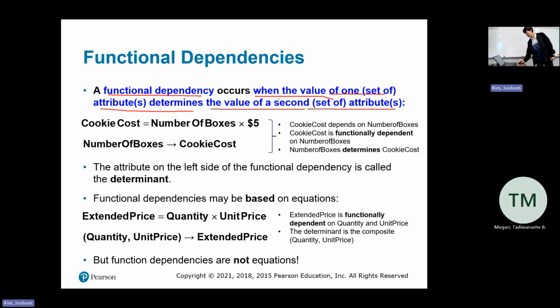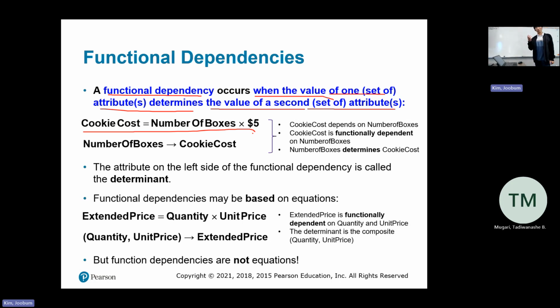Think about this example. In order to calculate cookie cost, we have to know the number of boxes. From this equation, this relationship, the cost of a box is $5.